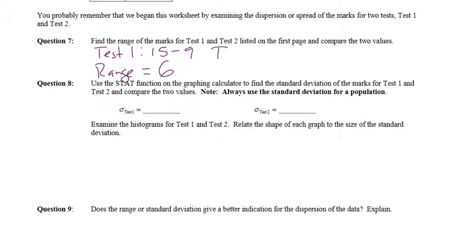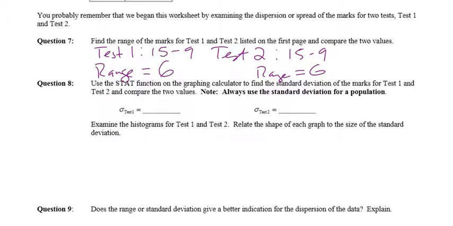What's the range for test 2? Same thing, also 6. So as far as comparing those two tests, range is not going to be a good number. It doesn't distinguish anything between them. They both went from 9 to 15. Even if one had gone from 8 to 14, or 7 to 13, the range would tell us nothing other than there was a spread of 6 marks from high to low.